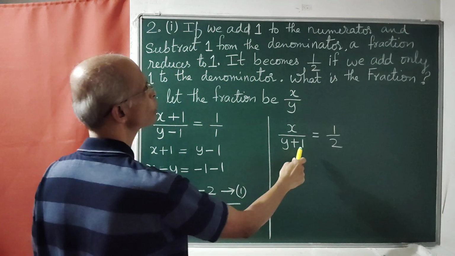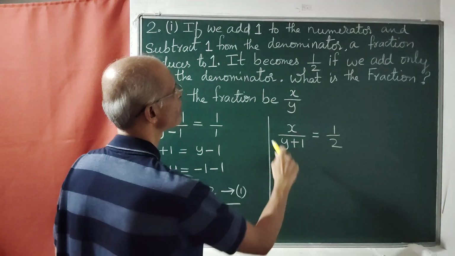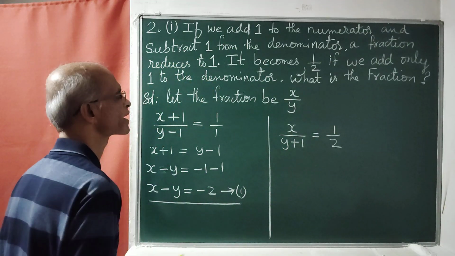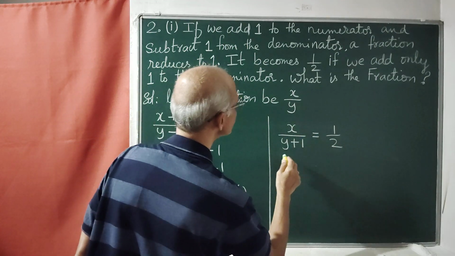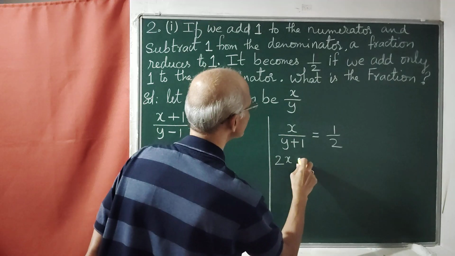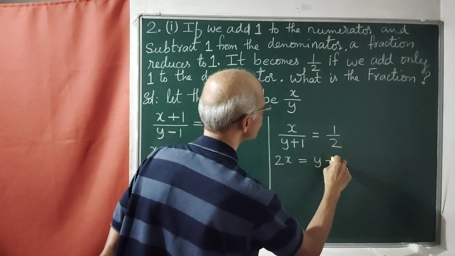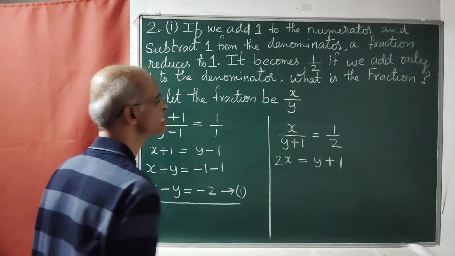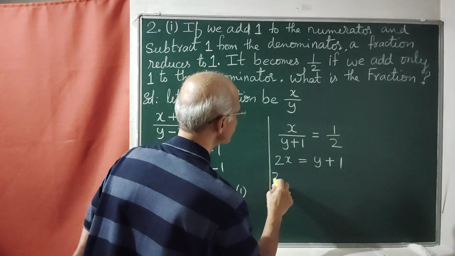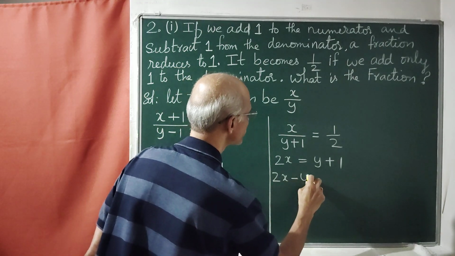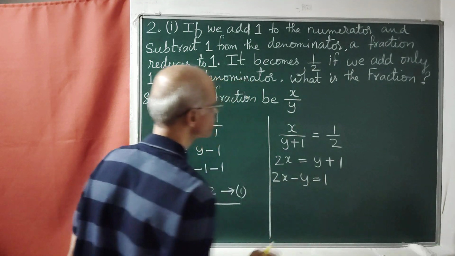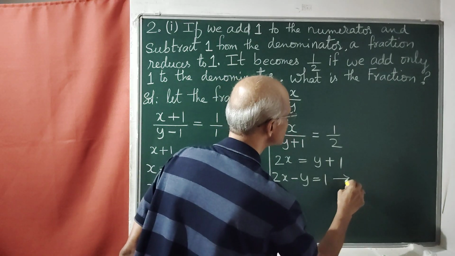Here again we should go for cross multiplication. So 2x will be equal to y plus 1. Transpose y to the left side. 2x minus y will be equal to 1. This is the second equation.